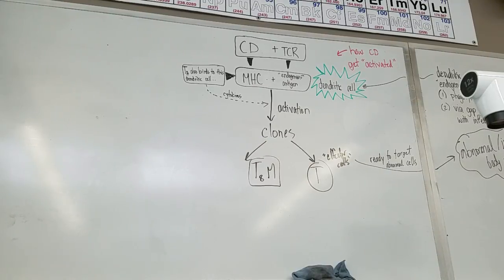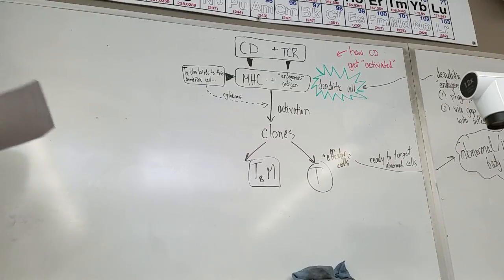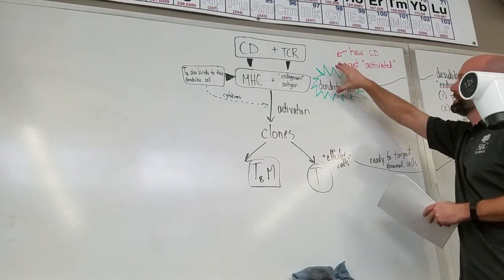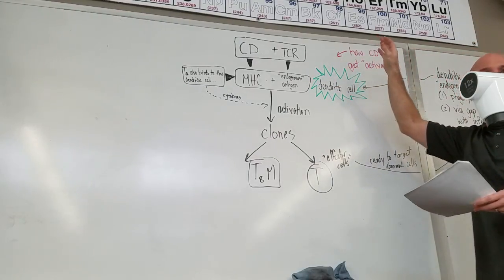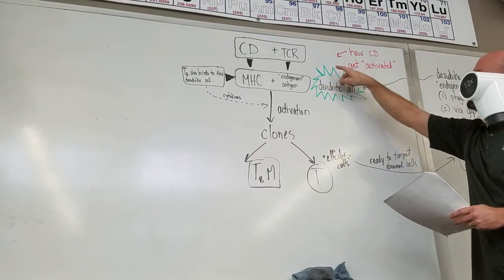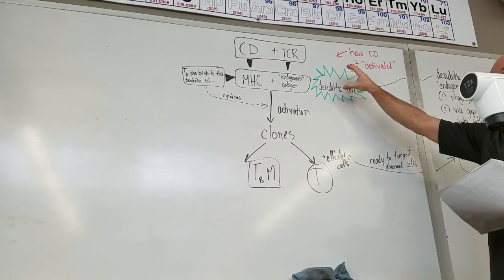Infected or abnormal body cells present endogenous antigens to CD8 T cells via class 1 MHCs. So to go along with that, right here, and this is the only difference between what I'm showing you today and yesterday, instead of dendritic cell, what I had right here was abnormal or infected body cell.